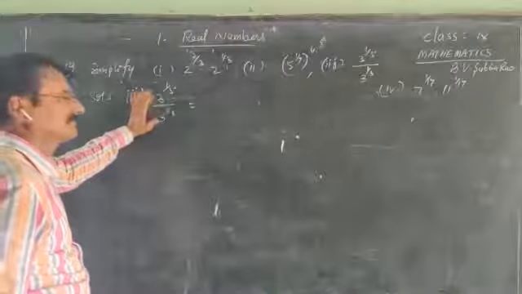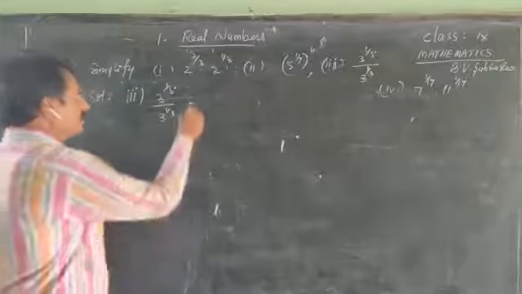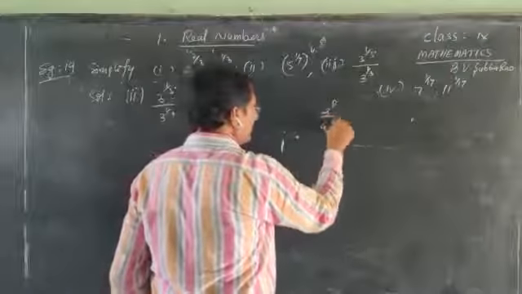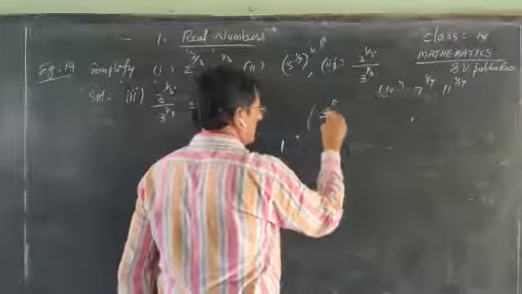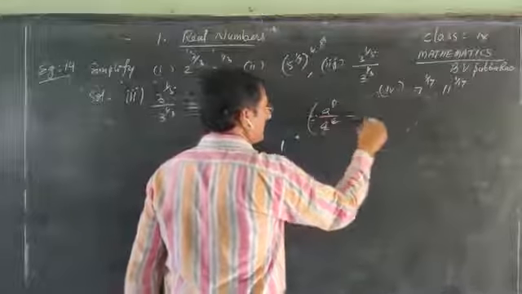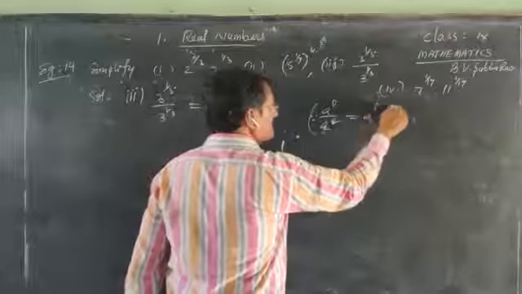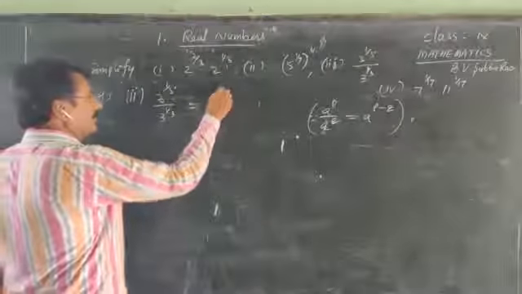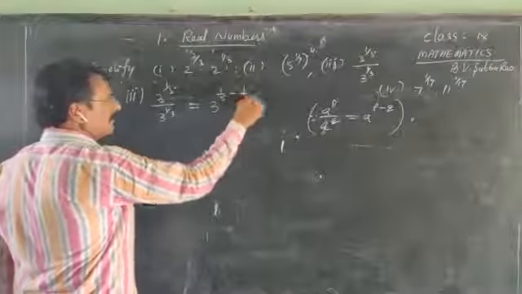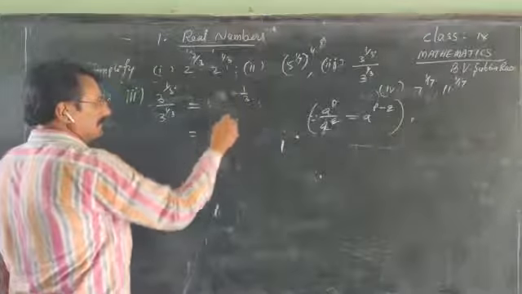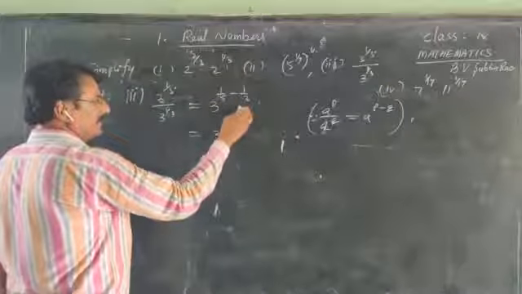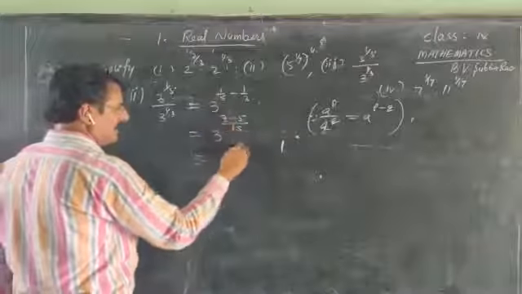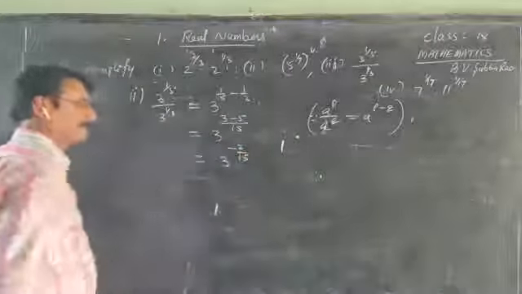So we can do directly also, as it is exactly a to the power of p by a to the power of q. The value of this one equal to a to the power of p minus q. As per that law, we can write 3 to the power of 1 by 5 minus 1 by 3. 3 to the power of, find the LCM, 15, equal to 3 to the power of (3 minus 5) by 15, equal to 3 to the power of minus 2 by 15.